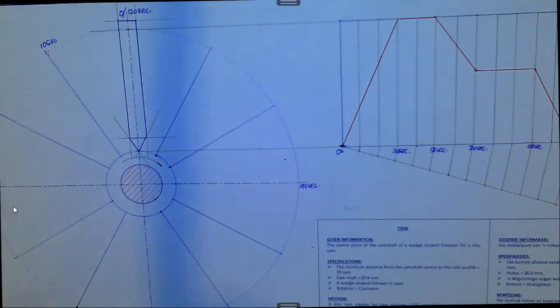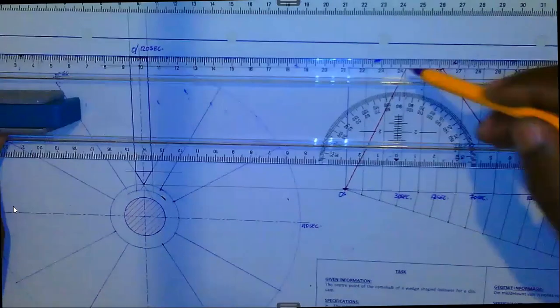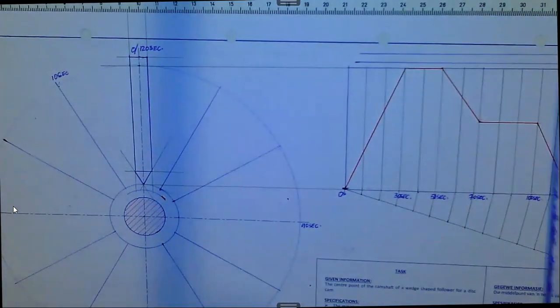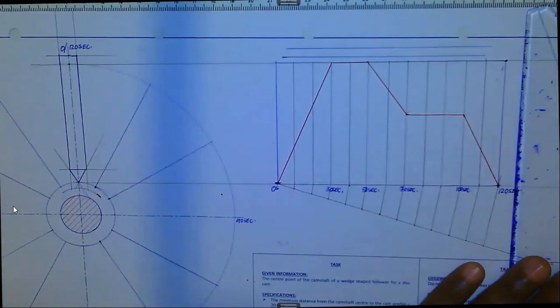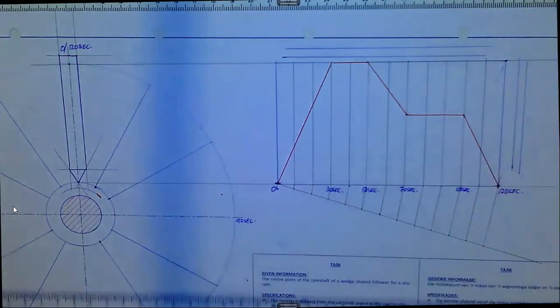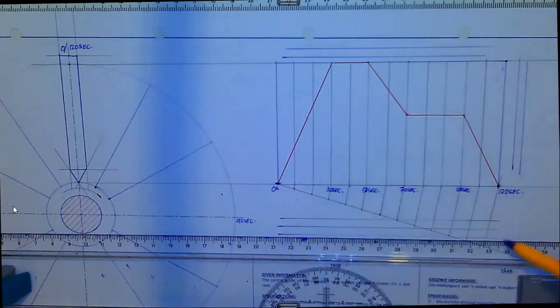Remember, the other critical element is to label. You need to label like that. You also need to label on this other side. You also need to label this like that.